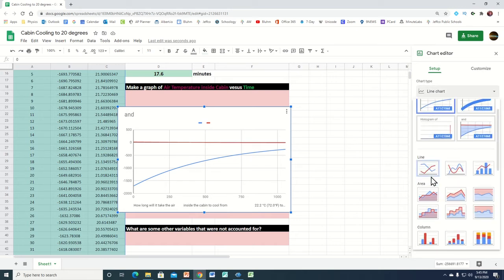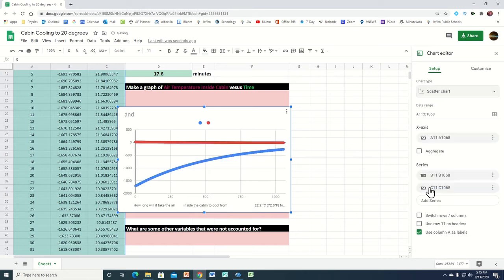We have to change it into a scatter plot, and this is something that can trip you up, but mine was already checked. Use column A as labels. So that's essentially saying that column A is your x-axis. Okay, so if that's not checked, make sure that it is checked.